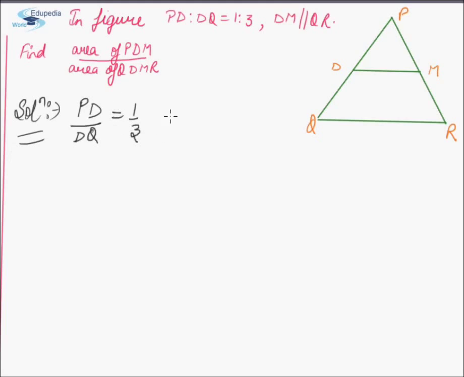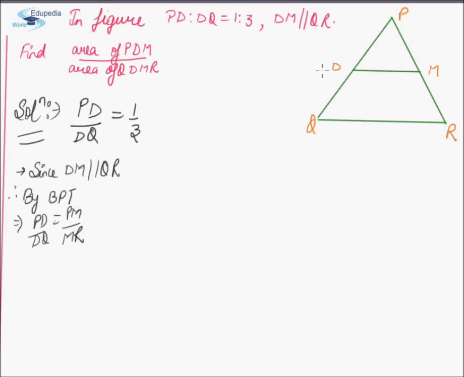Now friends, first of all, since DM is parallel to QR, therefore by BPT we can say that PD over DQ is equal to PM over MR, because BPT says a parallel line drawn to one of the sides divides the other two sides in equal ratio.